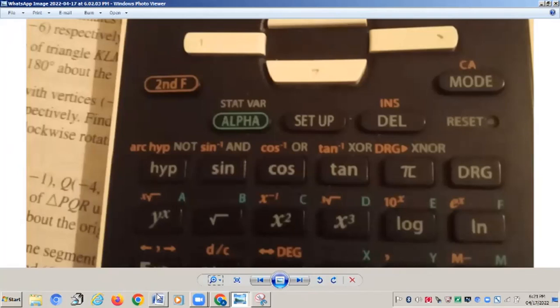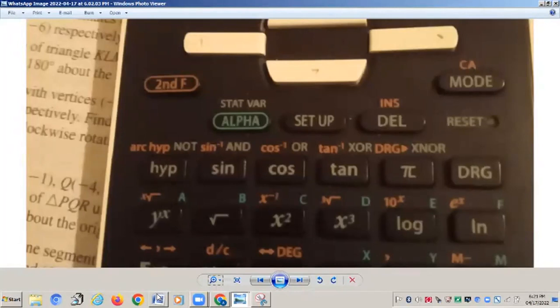And for those of you who have a Sharp, it's the alpha key that activates the function to the right of the button. If you notice, sometimes you see two things on a button. The alpha activates the functions on the right, but the second function activates the functions on the left.